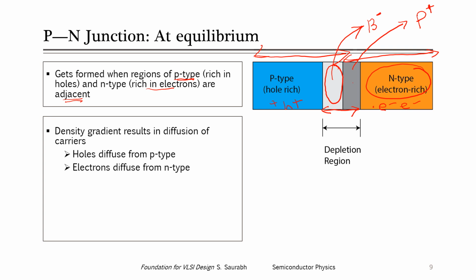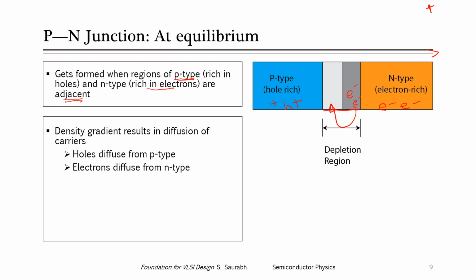And this region will be devoid of electrons and holes. Why is it devoid of electrons and holes? Because the extra electrons and holes have moved to the other side. For example, this was the P region and the holes have moved to the N region, and the extra electrons that were on this side have moved to the P region, right?